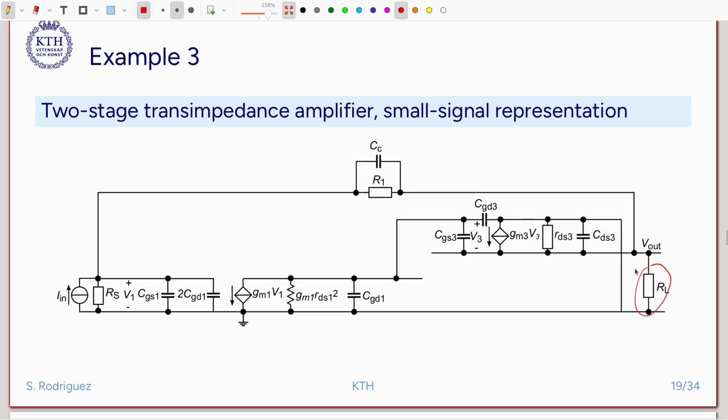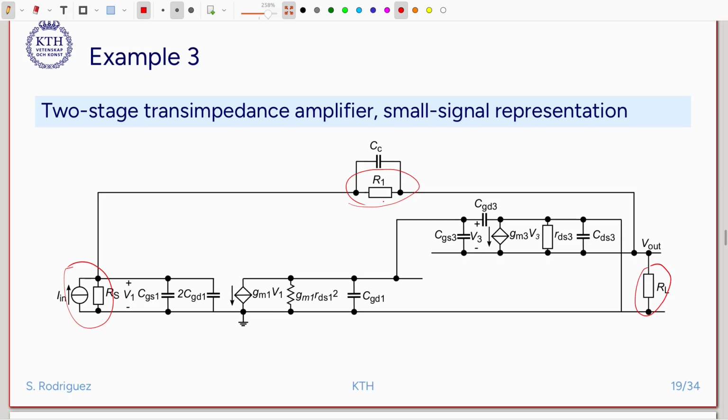We have the same specifications for the inputs, and the same gain specifications. It means that we will also have a 100 kilo ohm resistance at the feedback, and we are going to do exactly the same things that we did before.